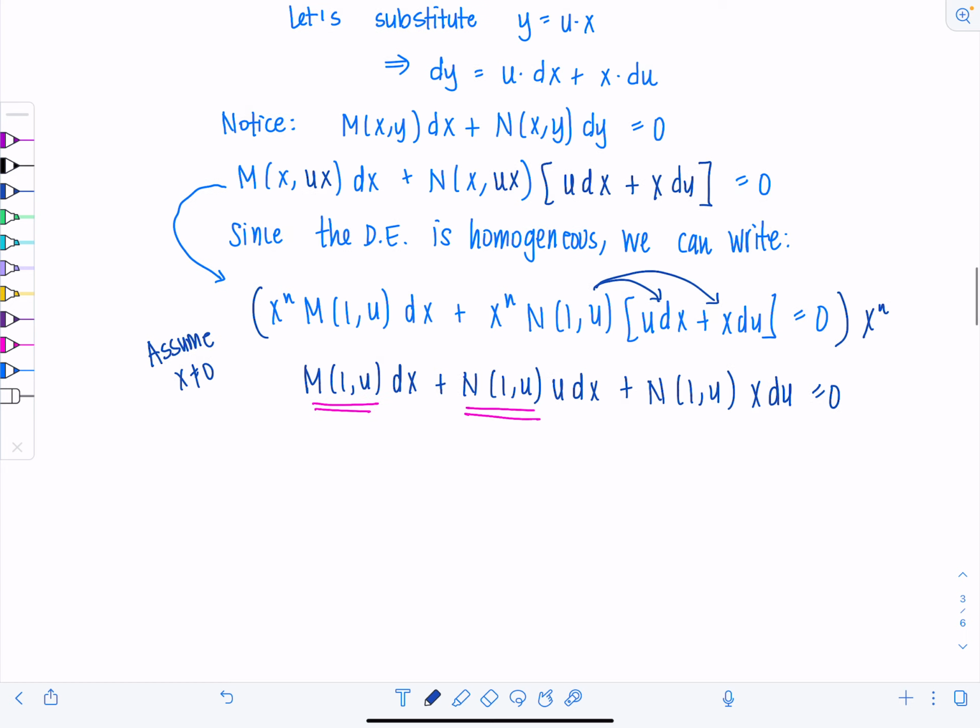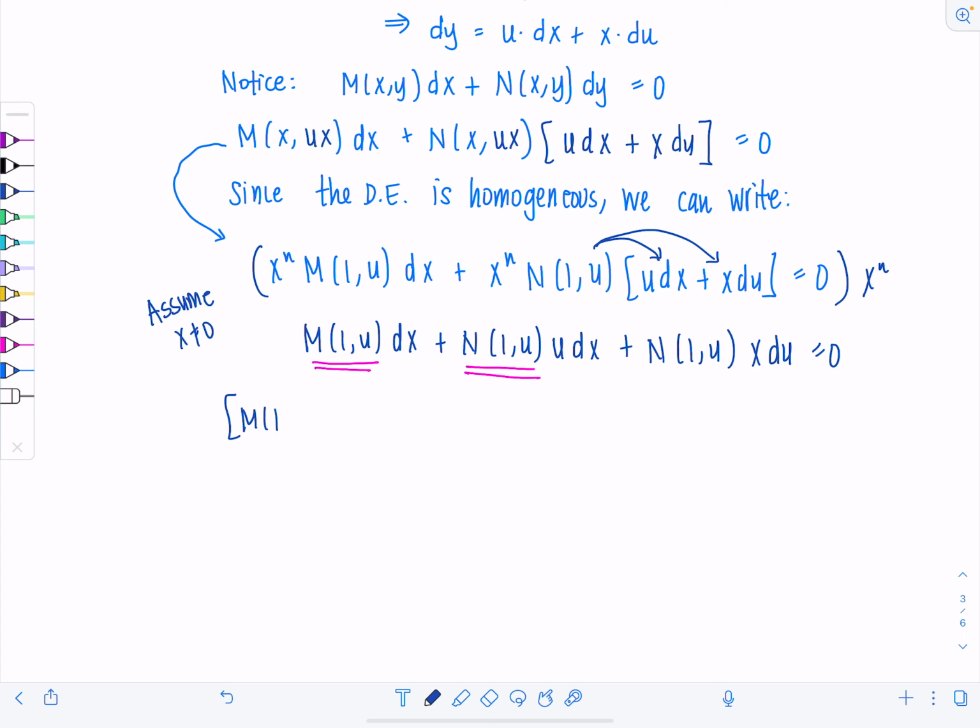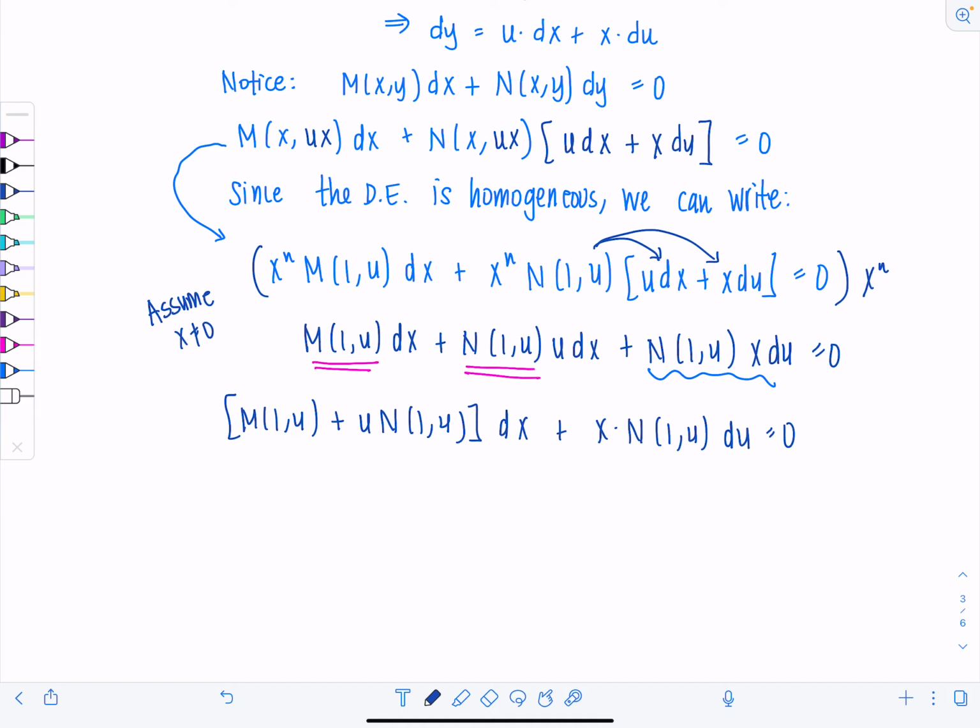So I can write this as m of 1 comma u plus u times capital N of 1 comma u dx plus, and then what's left over is x times n of 1 comma u du equaling 0. And maybe now you can see, all right, this differential equation is now separable.